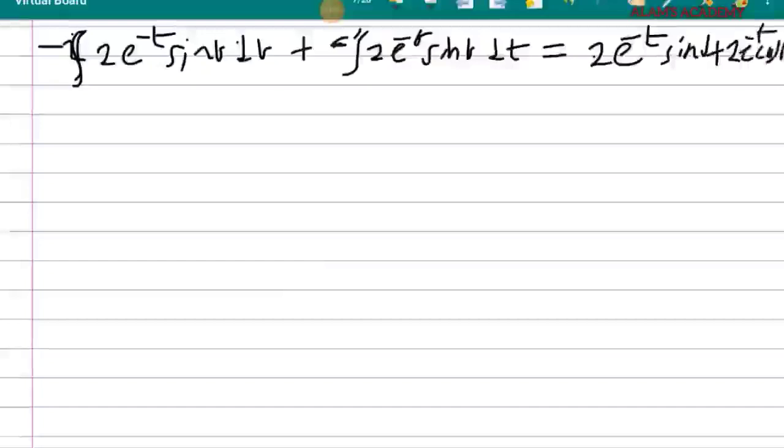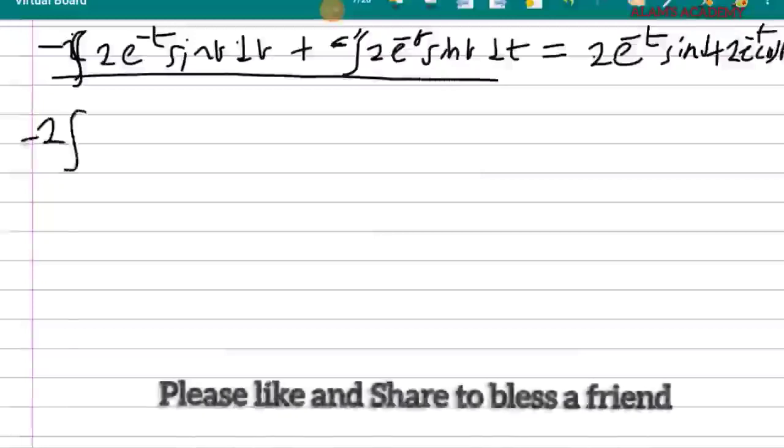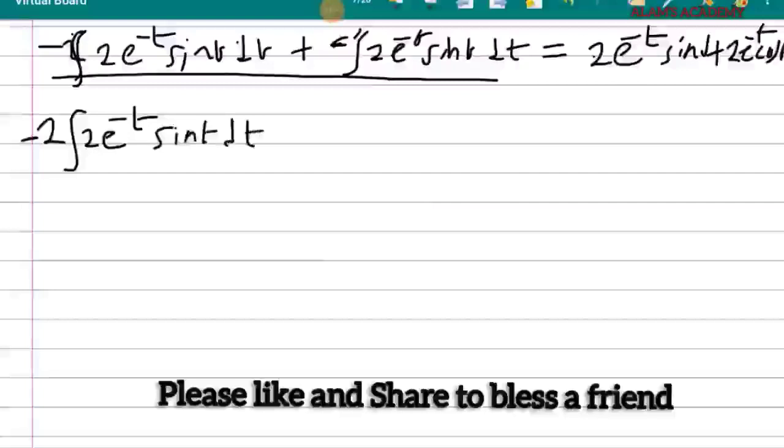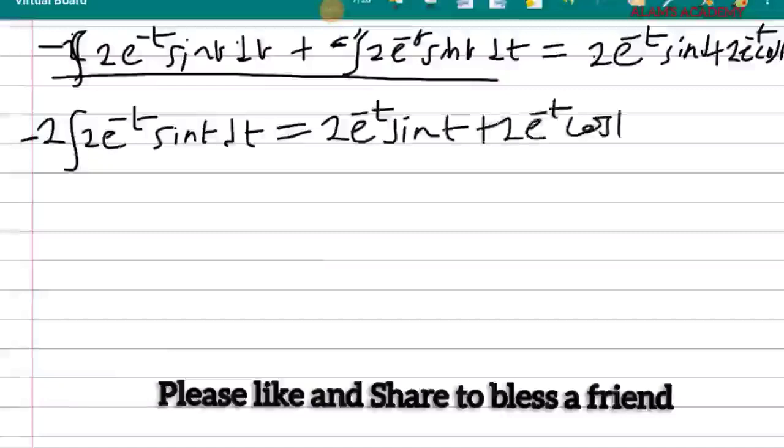Alright, so when I sum this, I have negative 2 integral of 2e^(-t) sine of t dt, and this is going to be equal to negative t sine of t plus 2e^(-t) cos of t.